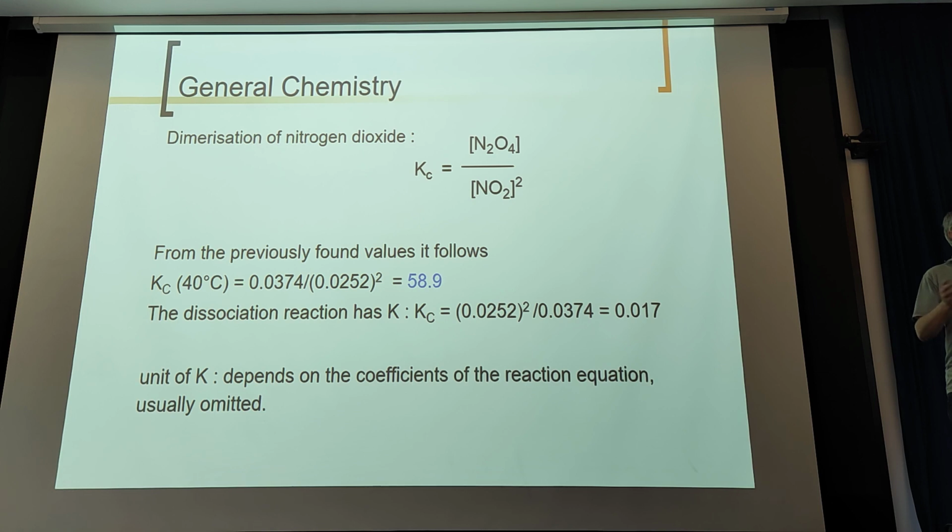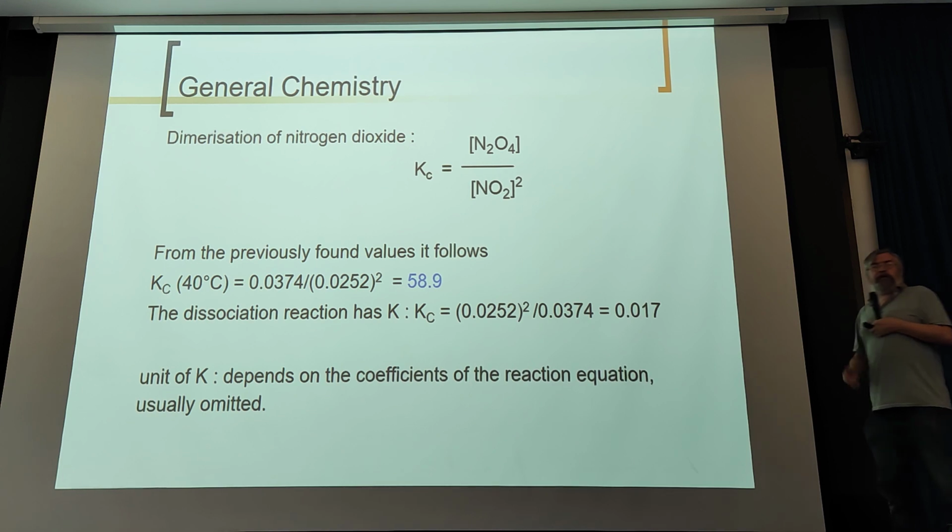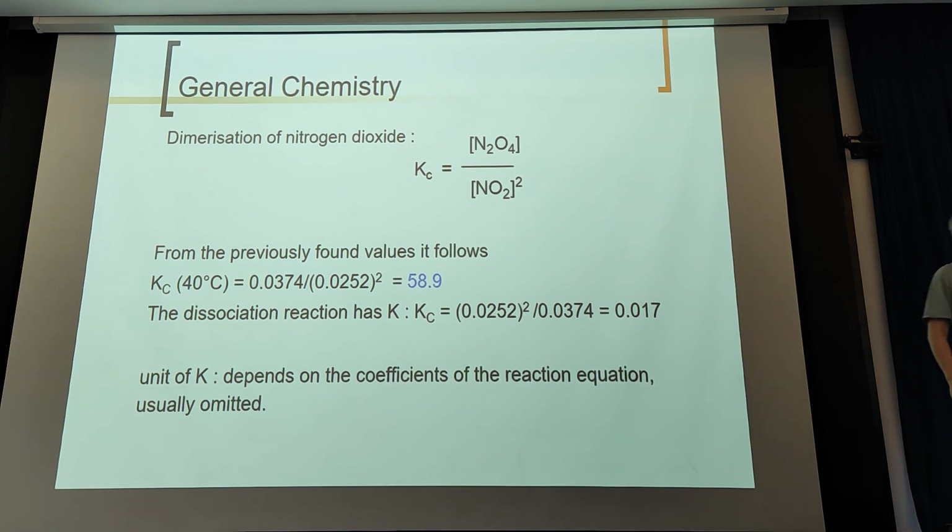And so there's actually little dissociation of your material at 40 degrees. The unit of K is normally not mentioned. It actually depends on how the reaction equation is and how many concentration terms you have.